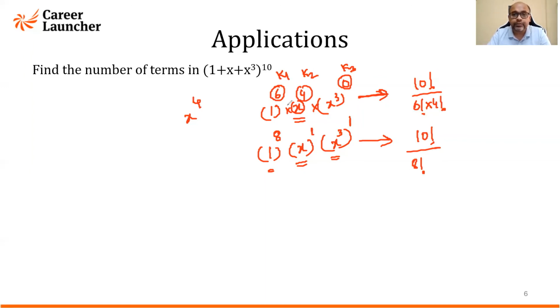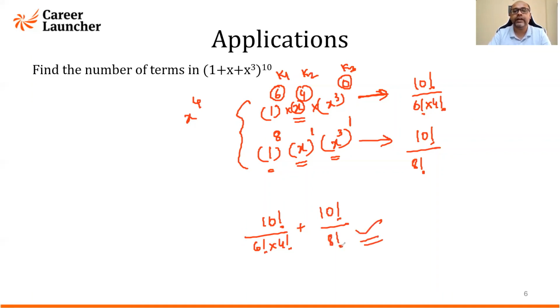But because both of them are x power 4, they will get added. So your net coefficient will be 10 factorial by 6 factorial into 4 factorial plus 10 factorial by 8 factorial. This will be your final answer. Please keep that in mind. You can't use the formula directly.